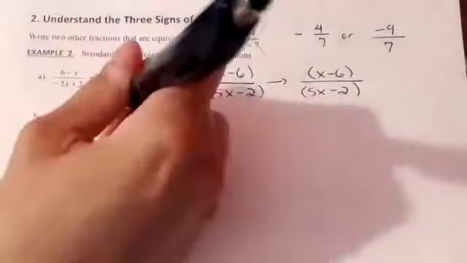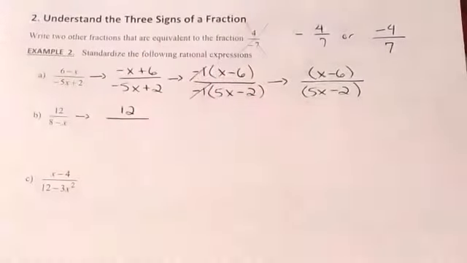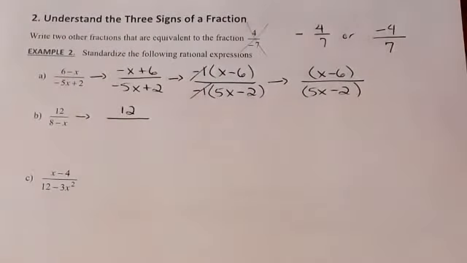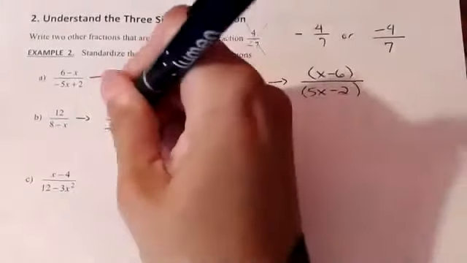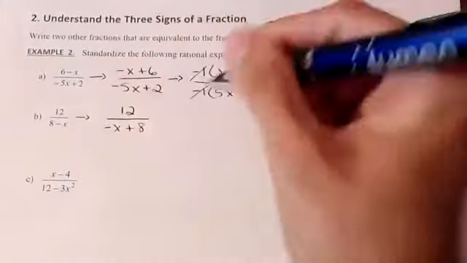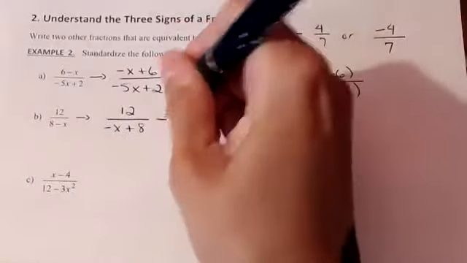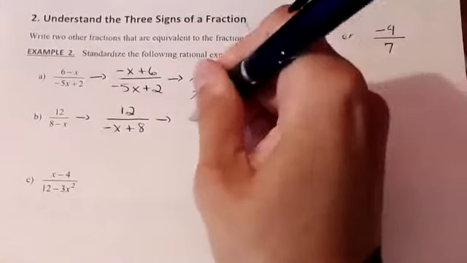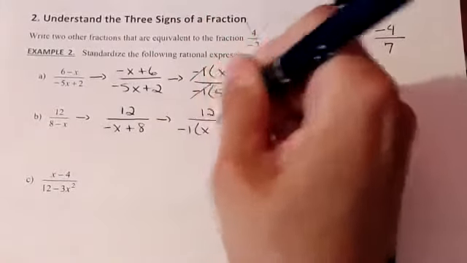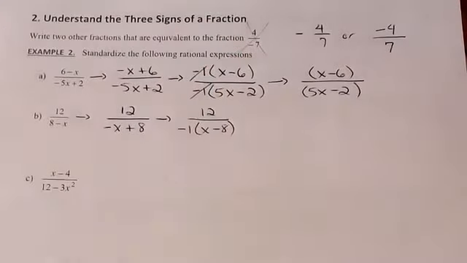Similar idea. We have 12 over someone else. What's my denominator? Negative x plus 8. Perfect. Notice we can actually factor out the -1 from the denominator, and we're going to do that because it's our leading negative. So that leaves us with -1 times x minus 8.